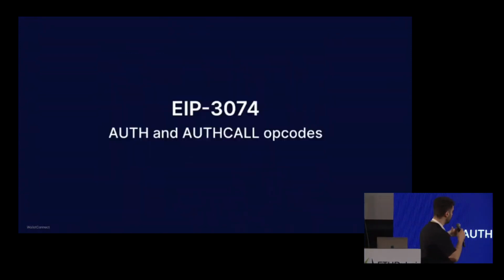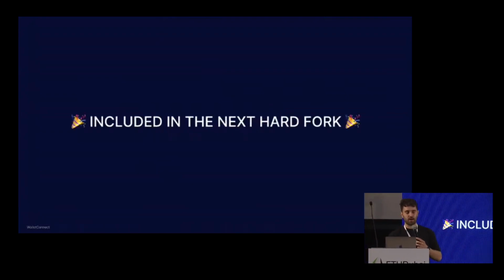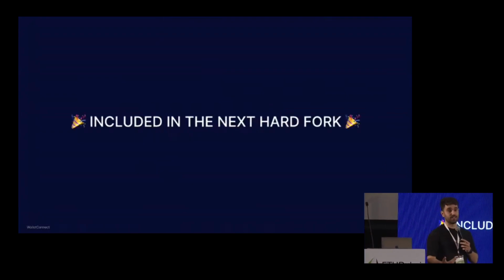For example, EIP 3074 introduces the AUTH and AUTHCALL opcodes to actually change how the EVM works. And this means that external accounts will now gain the capability of separating the signer from the payer. So this thing that we talked about before, that was exclusive to smart accounts, is now in progress to change in the EVM, which is really powerful, and it's going to be included in the next hard fork.